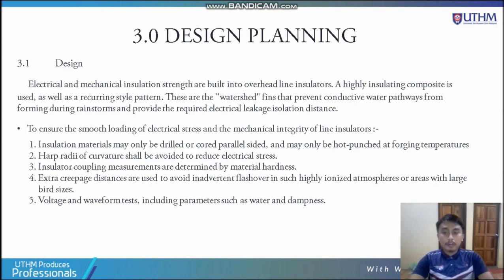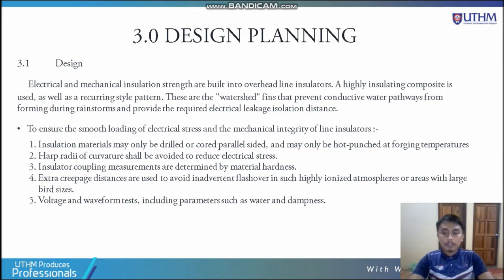Material may only be driven or cold parallel side and may only be hot punched at forging temperature. And second is hub ready of cover shall be avoided to reduce electrical stress. And third is insulator coupling measurement are determined by material hardness.